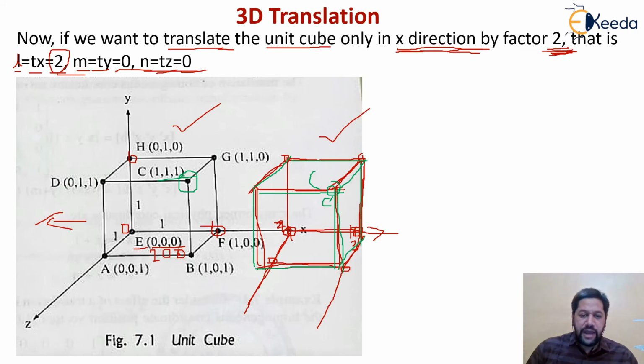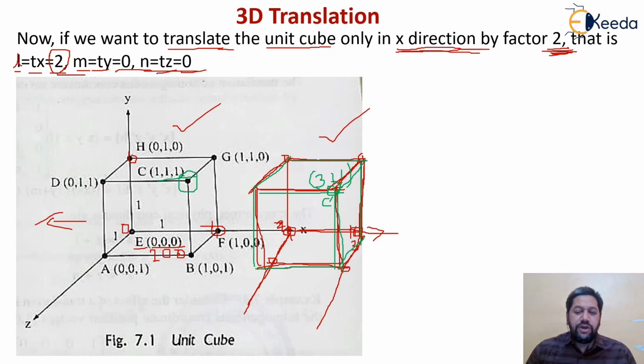Okay, so I get the x value of the c point as 3. Okay, y value I'm not adding anything, so 0 will be added, so it will be 1, and in z also only 0 is added, so it is 1.